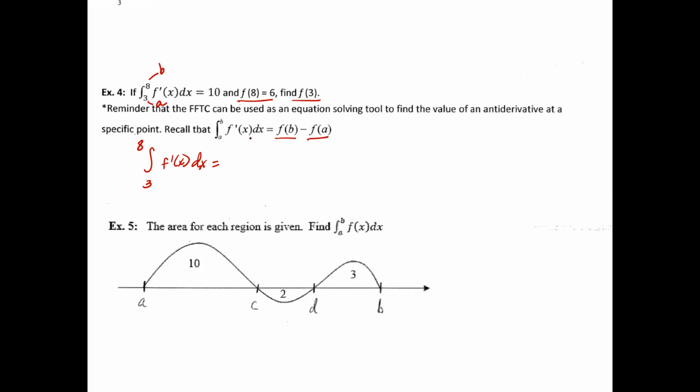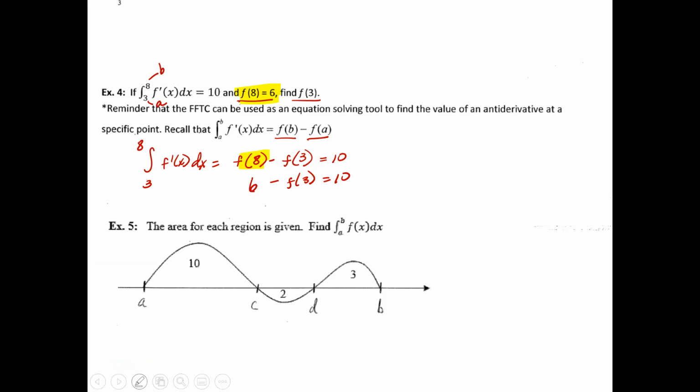So f prime of x dx equals f of b, so that's f of 8, minus f of a, so that's f of 3, equals 10. In the equation, it's given to you that f of a equals 6. So I'm going to replace that with 6 minus f of 3 equals 10.